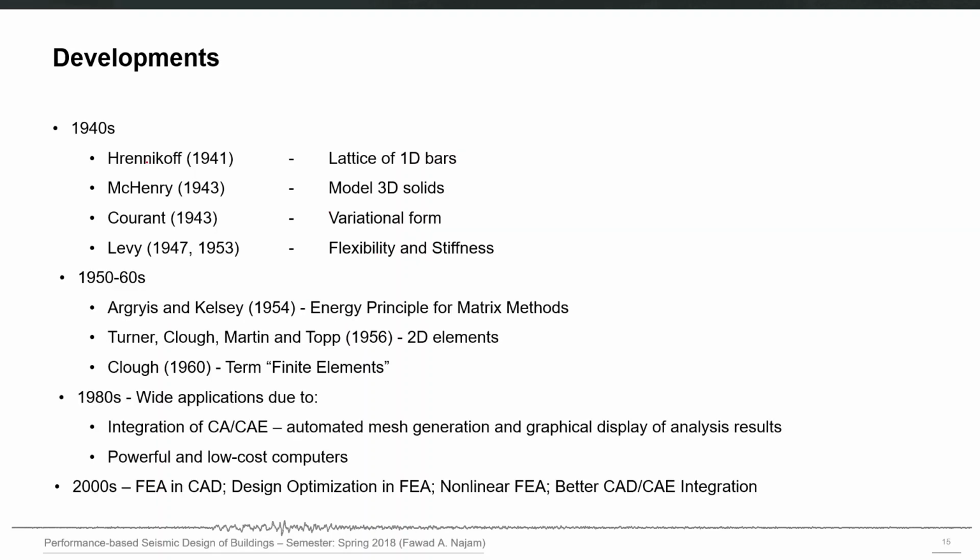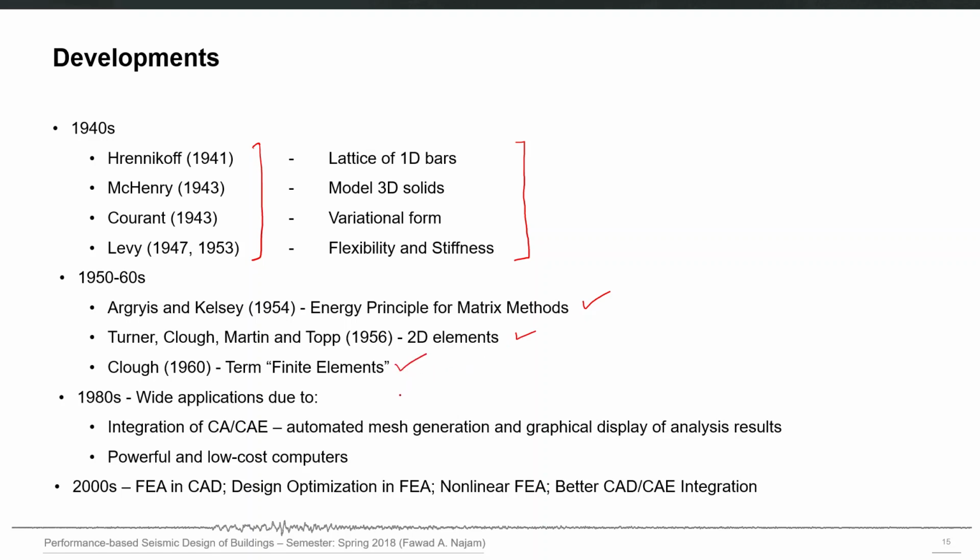Some early developments in this area: in the 1940s, different researchers laid down some fundamental work which later helped in the development of a detailed version of the finite element method. In the 1950s and 60s, some further concepts, for example the energy principle for matrix methods, were formulated by different researchers. More importantly, Ray Clough and his colleagues worked out the mathematical formulation for 2D elements and also coined the term finite elements.